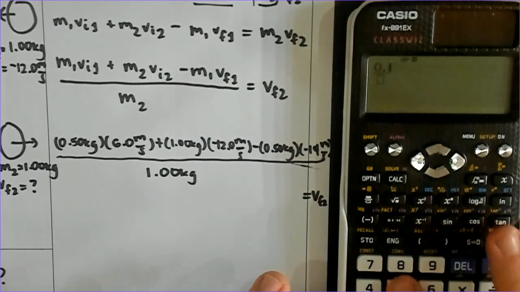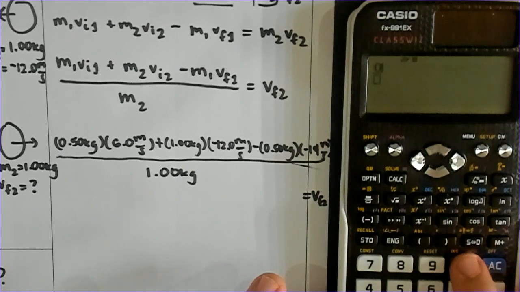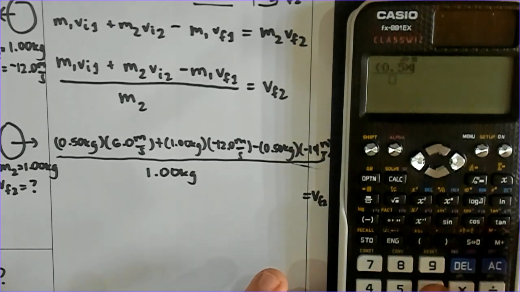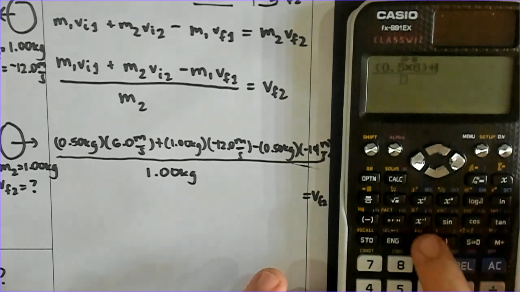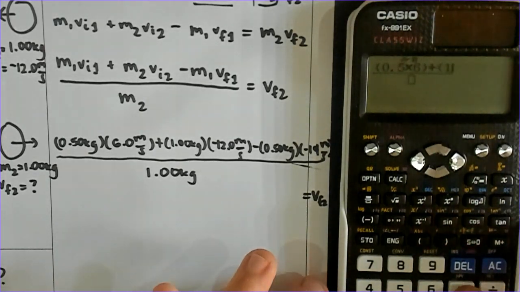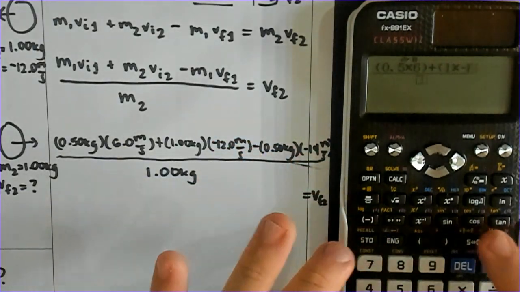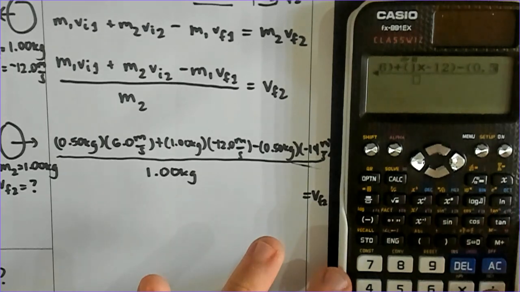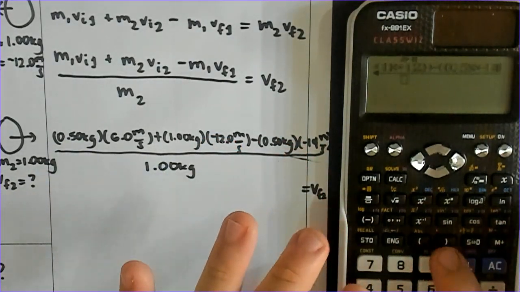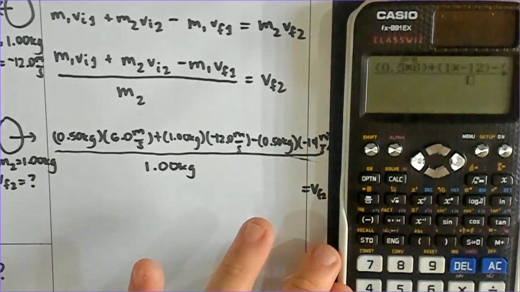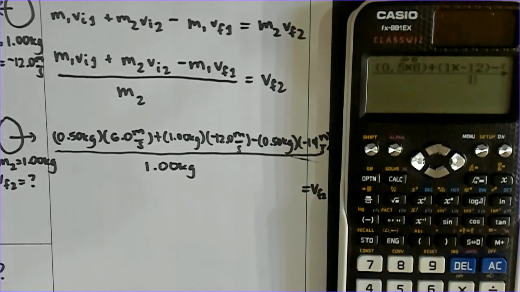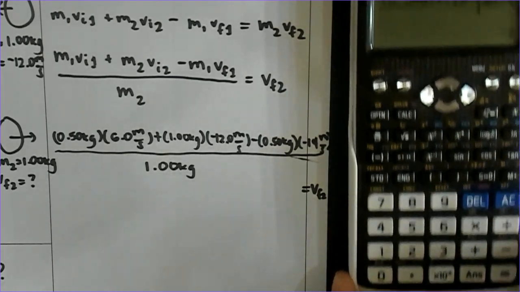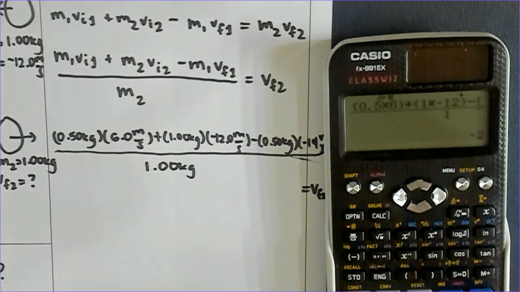So that's 0.5, or let's use a parenthesis to make it more organized, 0.5 multiplied by 6, plus 1 times negative 12, minus 0.5 times negative 14, and all of that is going to be divided by 1 kilogram. Pressing the equal sign on our calculator, that leaves us simply negative 2.